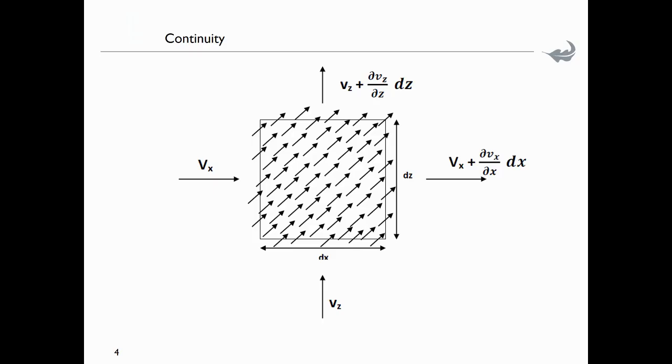It's flowing diagonally from the bottom left to the top right in this case. And Vz is the velocity in the Z direction, and Vx is the velocity in the X direction. And delta Vx over dx times dx is the rate of change of the water flow speed. And you can calculate that for the X direction and the Z direction.